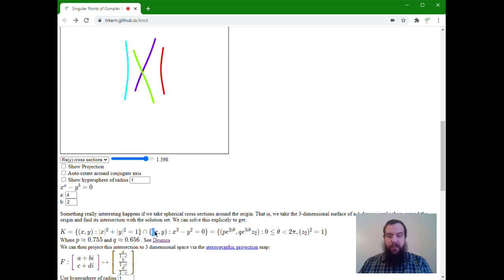And we're intersecting with the equation that we're trying to solve, x cubed minus y squared. So we're intersecting our sphere with the solution set that we're trying to visualize, and we can get a very explicit construction of what this looks like. It looks like some constant times e to the 2iθ, comma, some constant times e to the 3iθ, and then there's a plus or minus term.